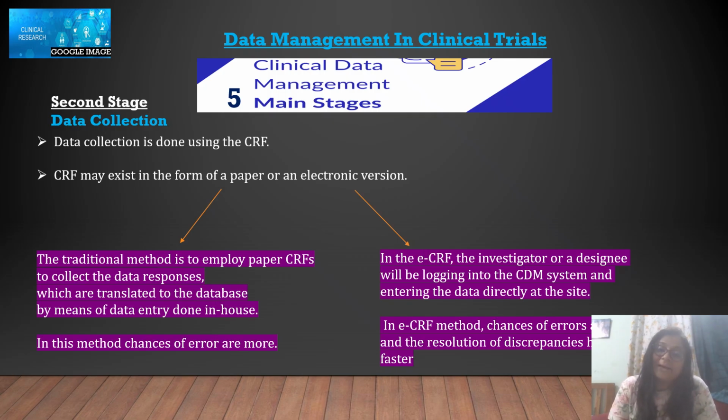So the second stage is data collection. It is done through paper or through the electronic version, and obviously the electronic version is more efficient than the paper form of CRF.